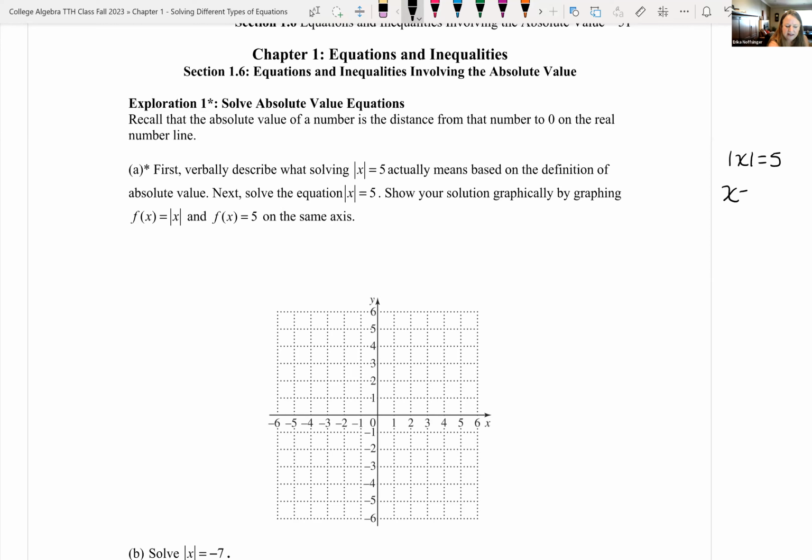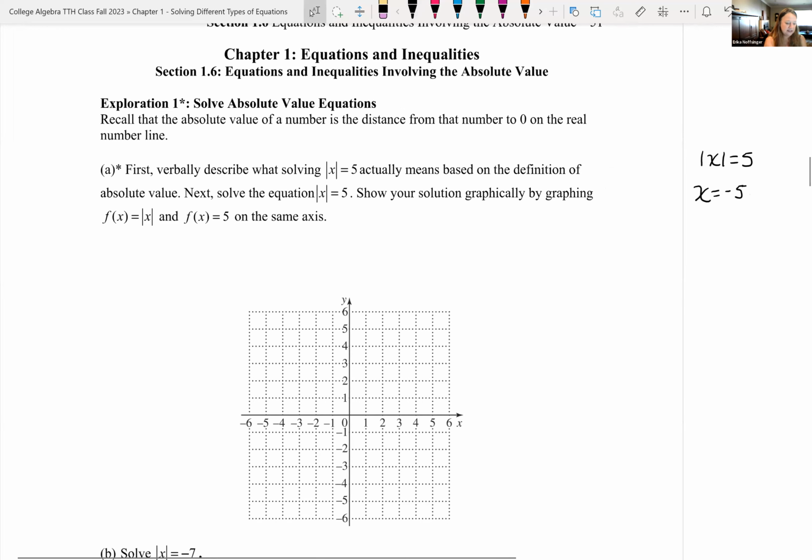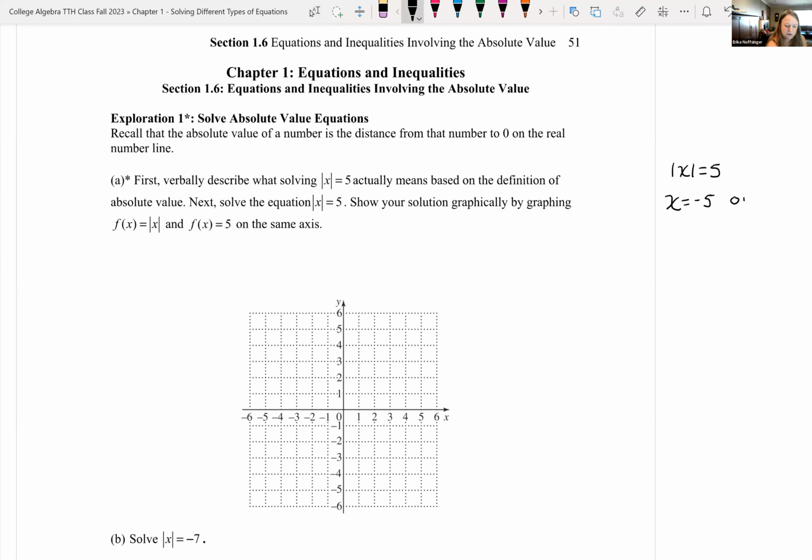Either x can equal -5, because the absolute value of -5 still has the distance of 5 from 0 on the number line, or x could be equal to +5. So there's two solutions that work there.